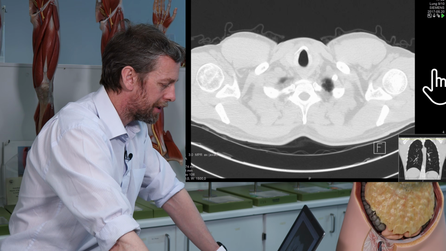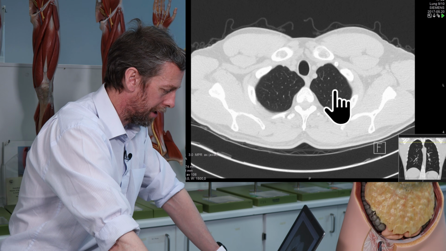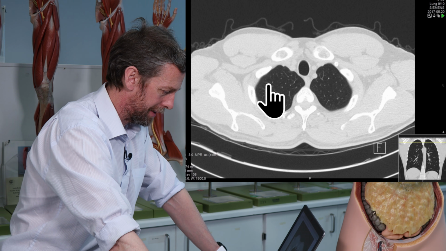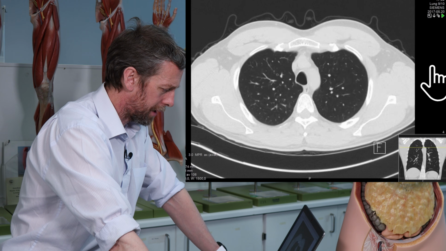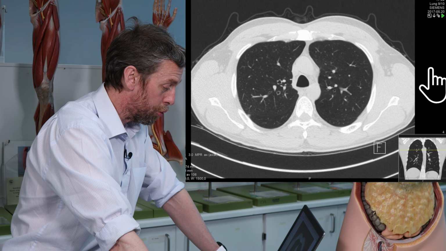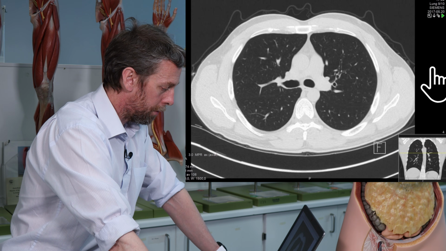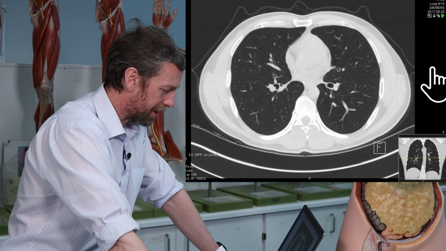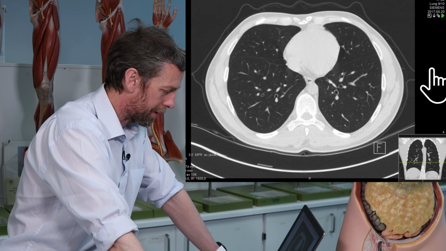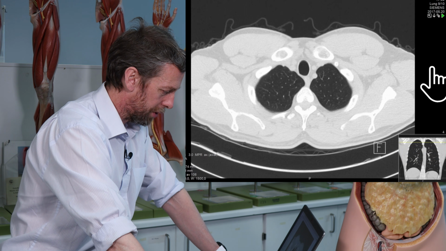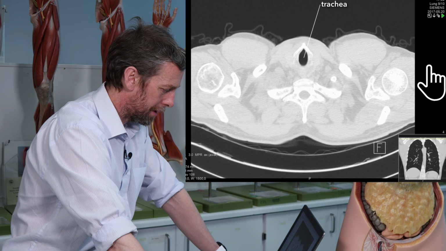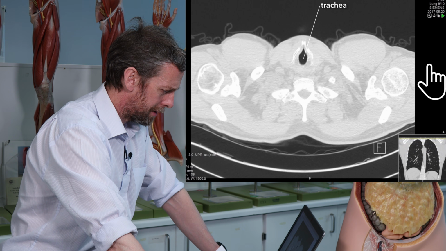Now let's scroll down. You can see the lungs appearing here, the other dark spaces. Now let's scroll down, and you're just going to follow that black circle, which is obviously a tube. And then it splits into other tubes and other tubes. Incredibly cool. So at this point, this then is the trachea. So we're up into the larynx here.